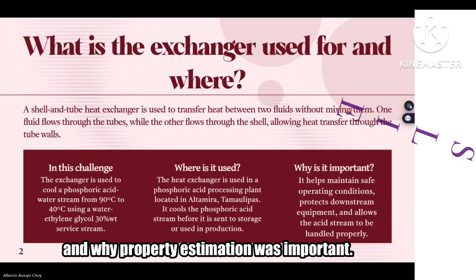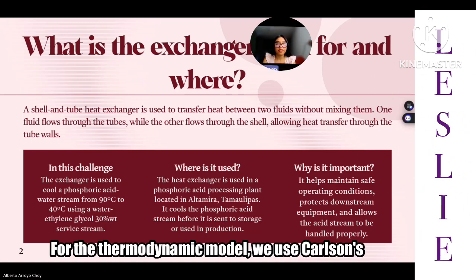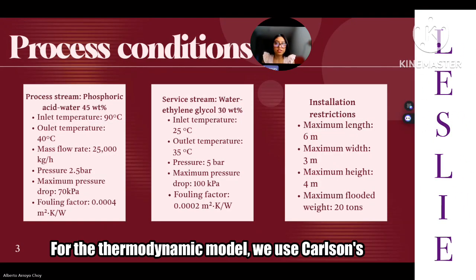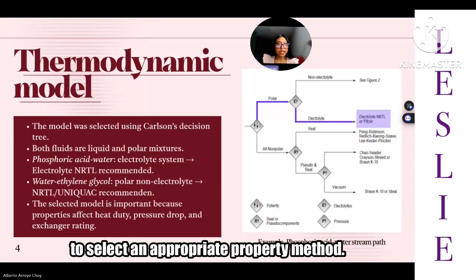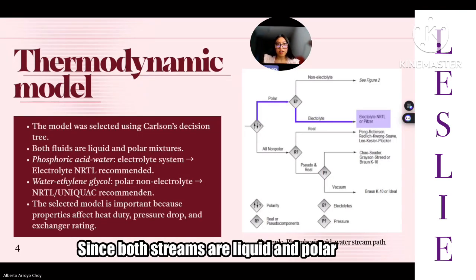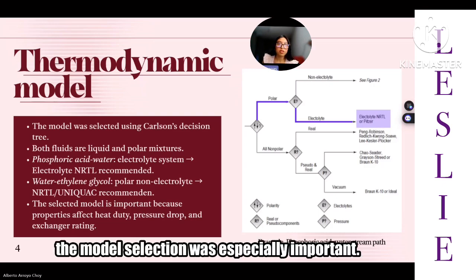Thank you, Meli. For the thermodynamic model, we use Carlson's decision tree to select an appropriate property method. Since both streams are liquid and polar mixtures, the model selection was especially important.